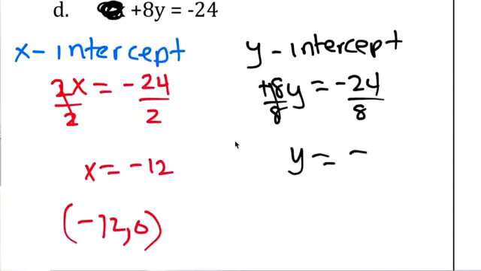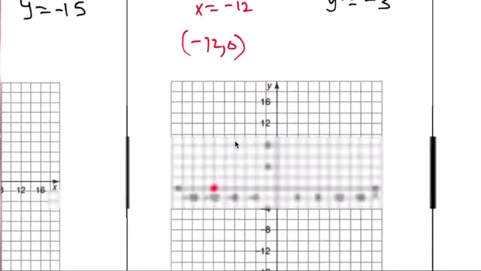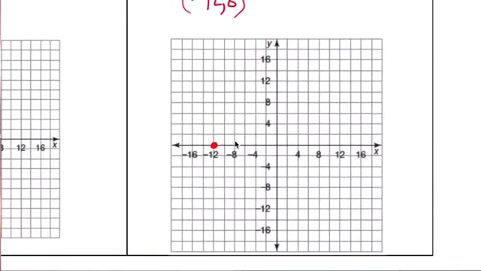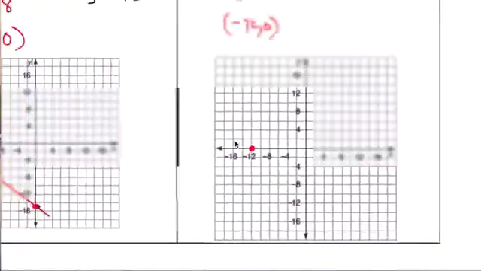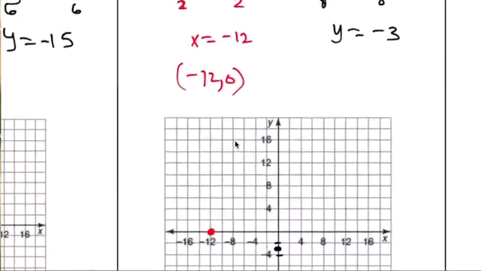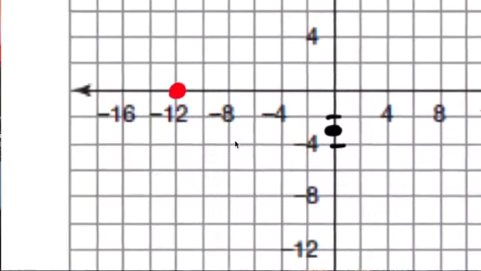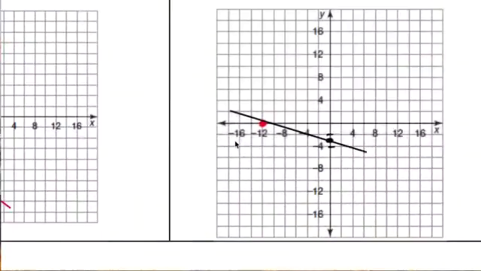Y equals negative 3. Okay, y negative 3. It's 2, 4. Negative 3 is right there. Okay, and that's why you call this 0, negative 3. That's your y-intercept. Connect the dots right there.